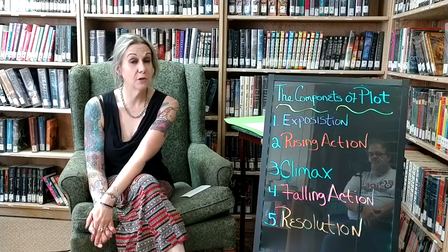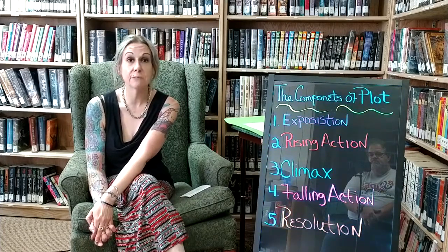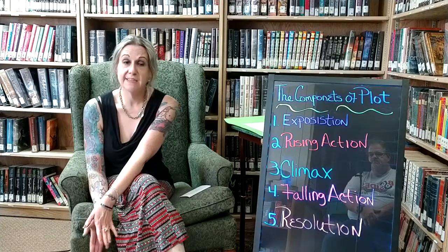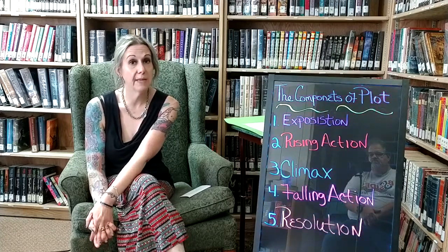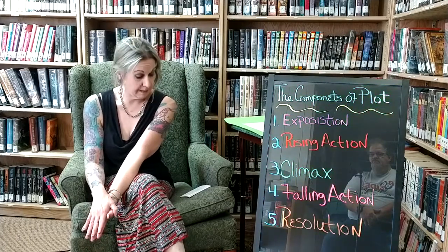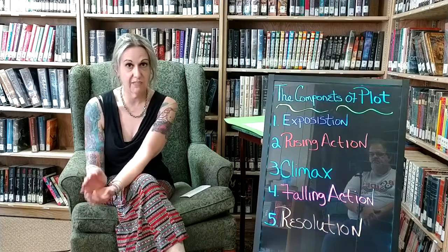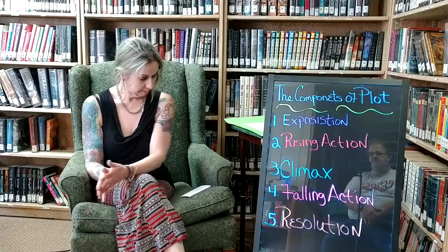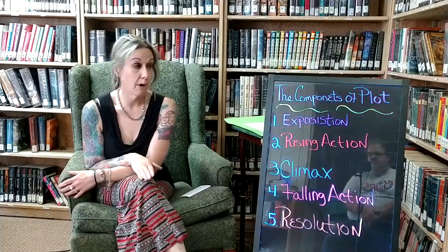Now, over the last few weeks, we have been talking about different parts of the story. And this evening, I would like to talk a little bit about the plot. Now, the plot is what happens in a story, and it consists of a certain set of events that move our story forward. And it consists of 5 main parts.